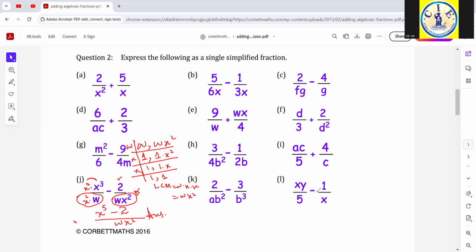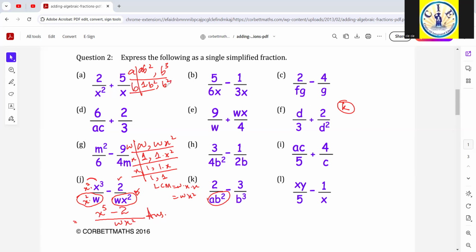In the same way, let me solve part K as well. For part K, you see the denominators are ab square and b cube. Taking their LCM, first of all dividing them by a, this is 1 times b square and b cube.